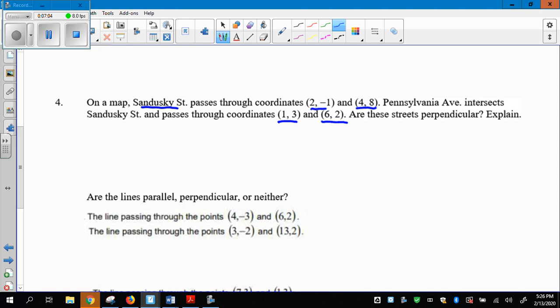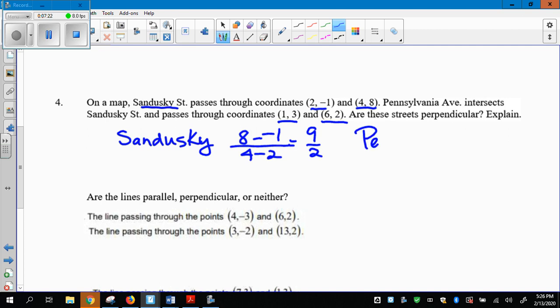So I'm going to do the slope of Sandusky, which is, so I'm going to do my y minus y over x minus x, and that equals 9/2. And then for Pennsylvania Avenue, I'm going to do y minus y over x minus x there.